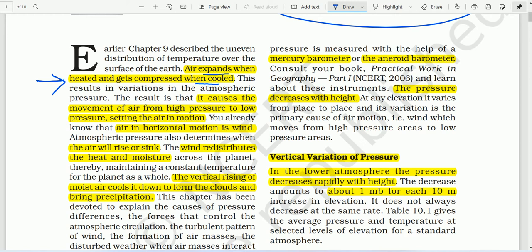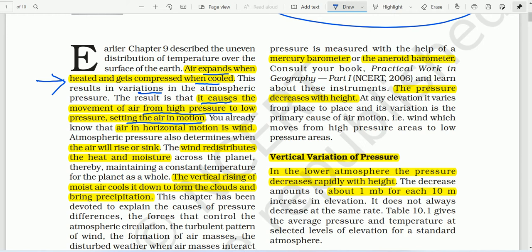Because of this expansion and contraction or compression, it results in the variation in the atmospheric pressure, and the result is that it causes the movement of air from high pressure to low pressure, setting the air in motion.